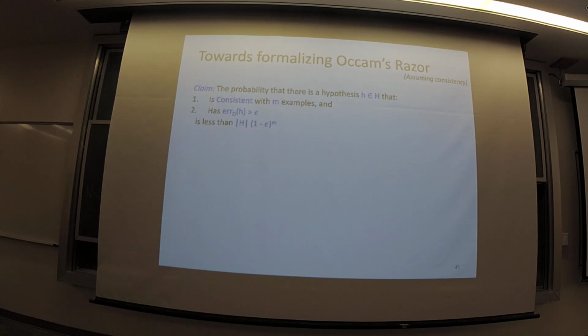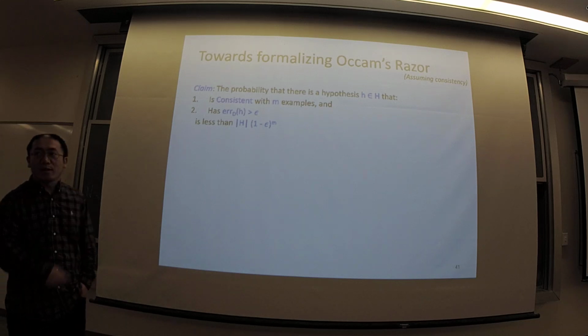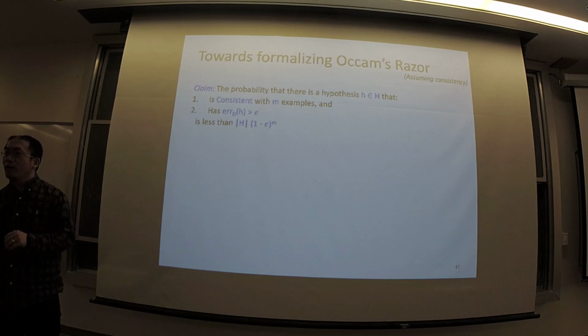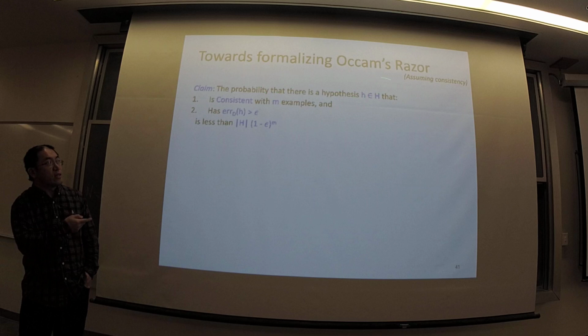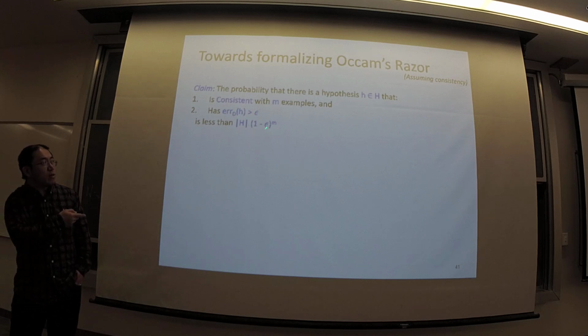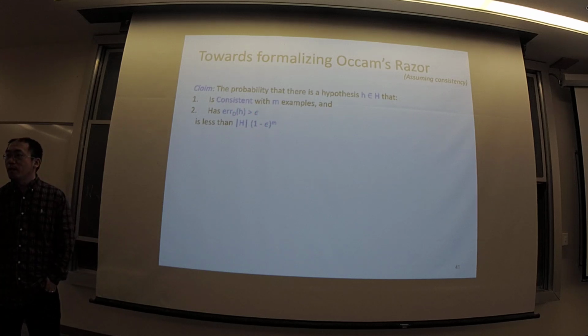So why should we talk about this claim? First, this is a true claim. No matter what kind of learning algorithm you have, as long as your learning algorithm can produce such a hypothesis, then the probability that it has true error bigger than epsilon is upper bounded by this number. It's a general claim.